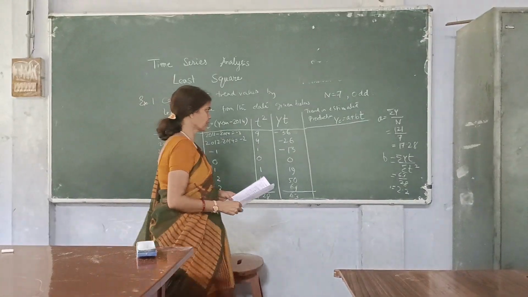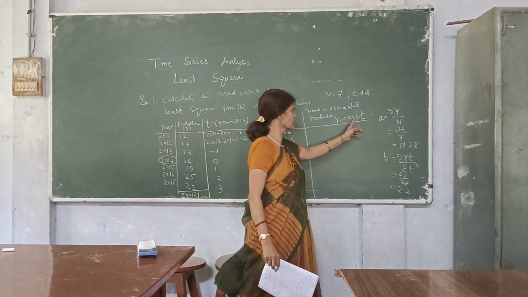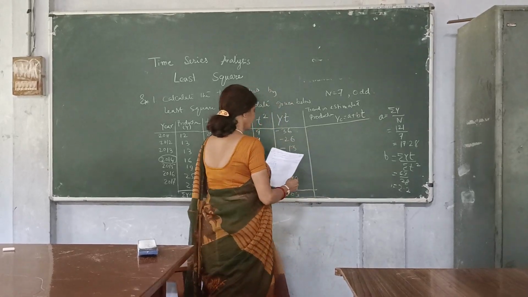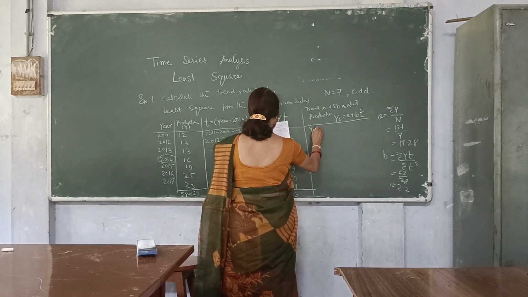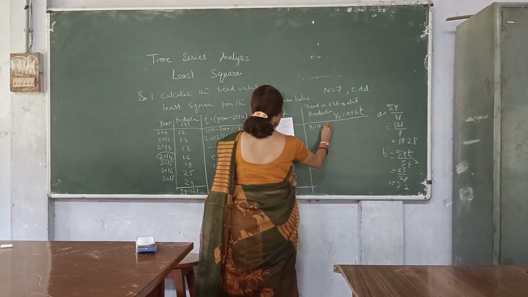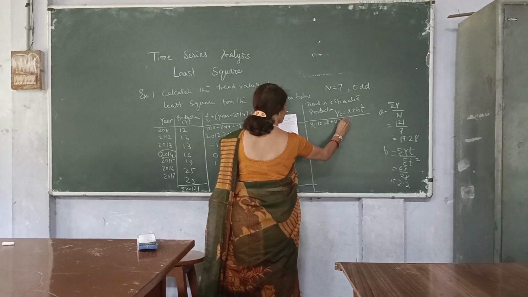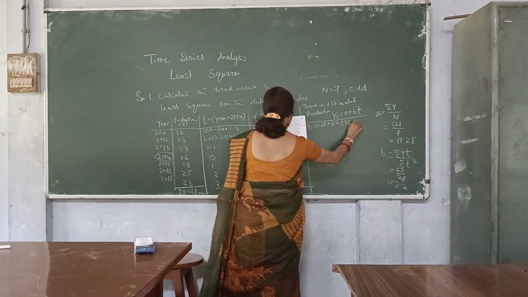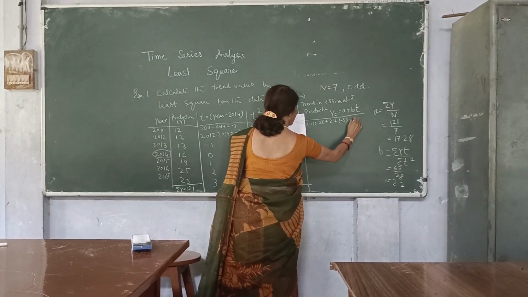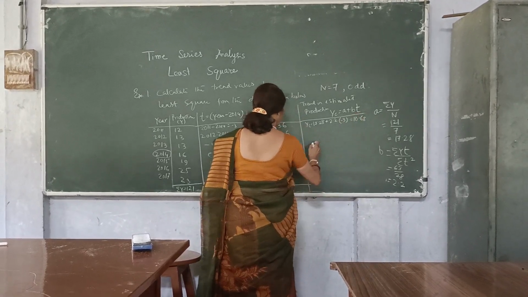Now placing this a and b in these equations, we get first one, yc equal to 17.28 plus 2.2 into minus 3, so that will give you 10.68.